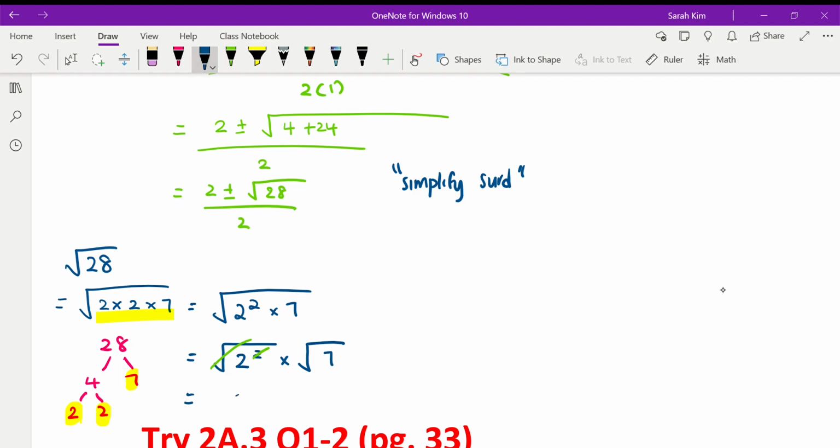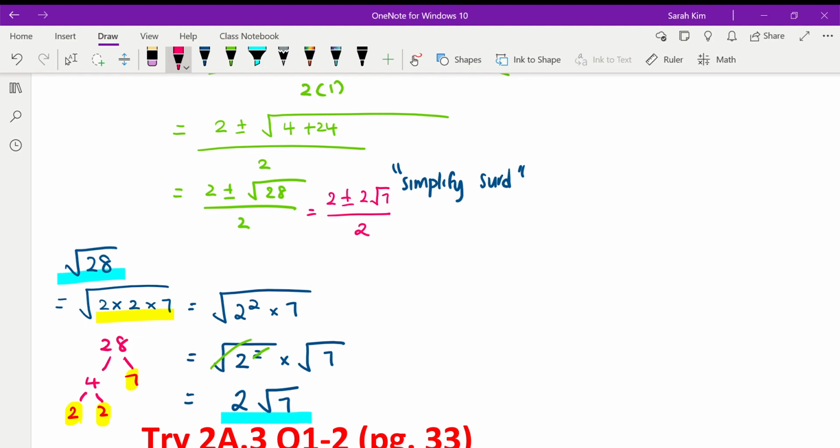So the 2 just comes out of the square root, and you get 2 times square root 7. That is the simplified form of square root 28. So I'm going to replace that over here. So you get 2 plus or minus 2 square root 7, divided by 2.